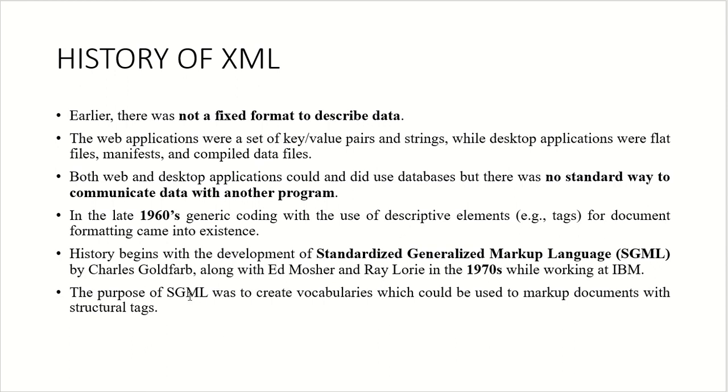The purpose of SGML was to create vocabularies which could be used to mark up documents with structural tags. Alright, the same type of tags that we have studied in our example of XML. Similarly they started creating vocabularies. Creating vocabularies means giving markup to the text so that it is known what the text is. Alright.